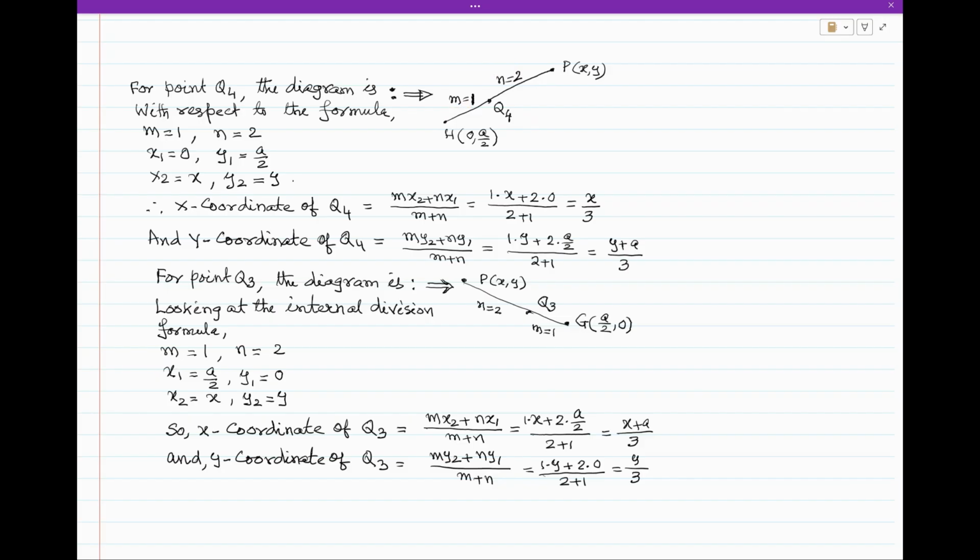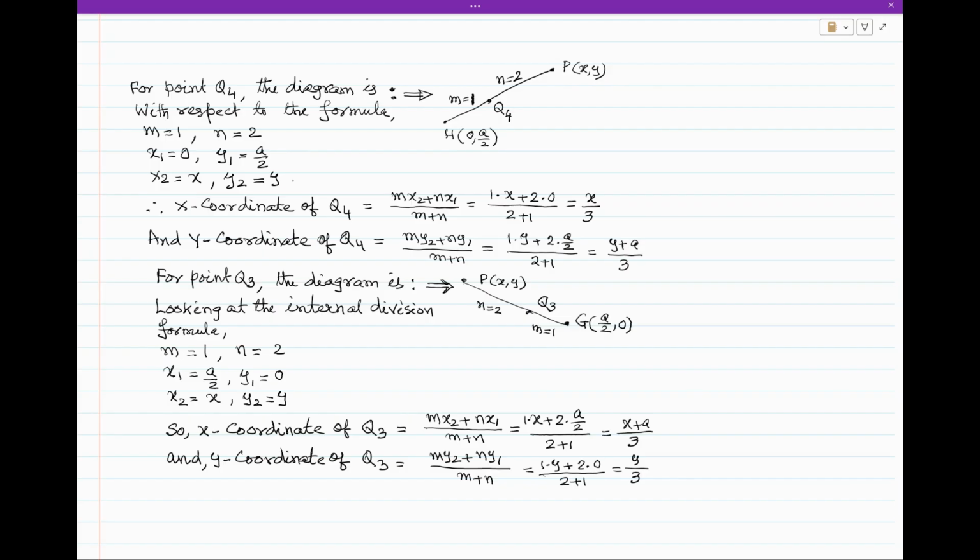In this case, m is equal to 1, n is equal to 2, x1 is 0, y1 is a by 2, x2 and y2 are x and y.